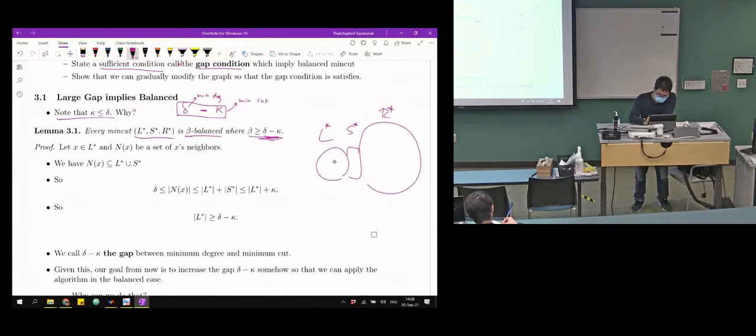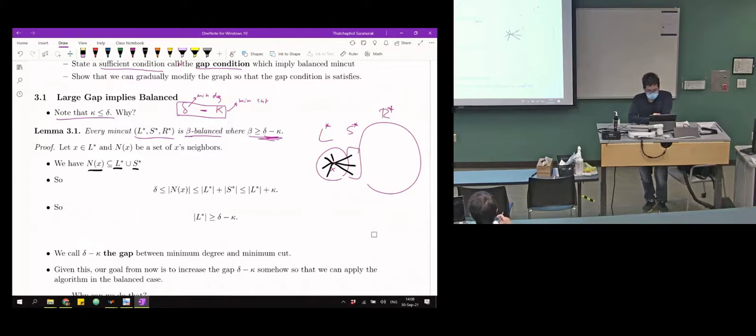Let's take any vertex x inside L. All of x's neighbors must be in L star or S star, just because you cannot have an edge to R star.